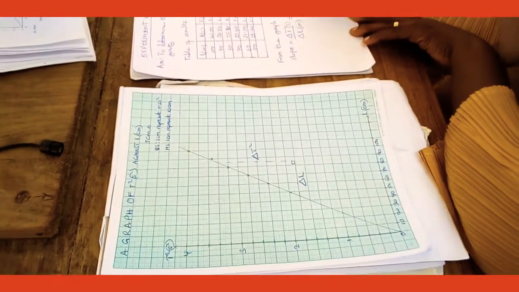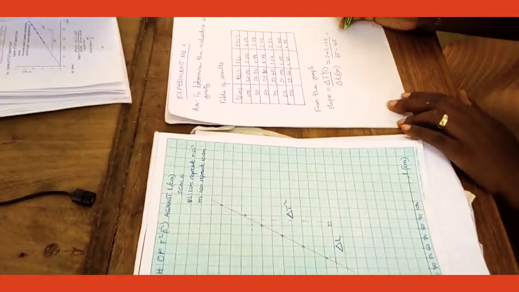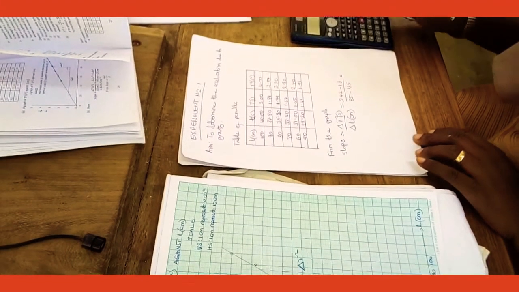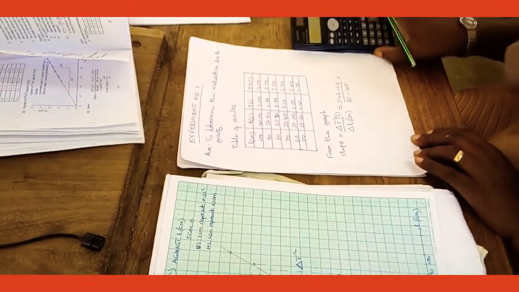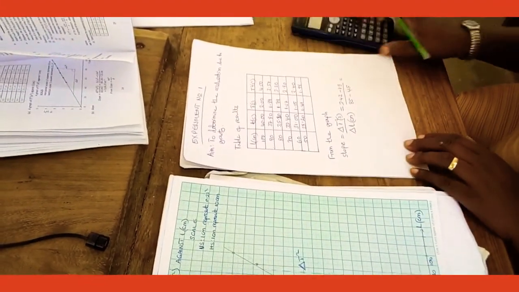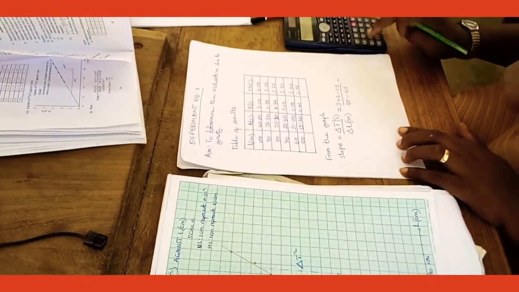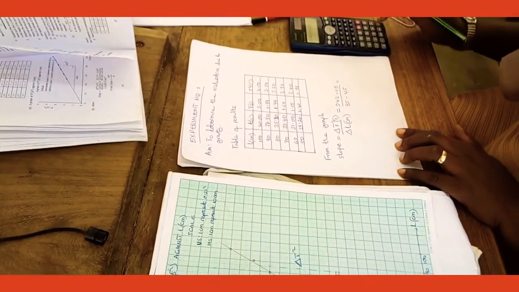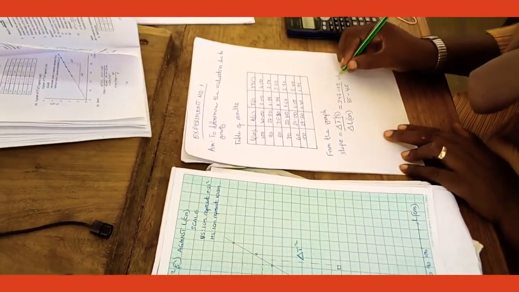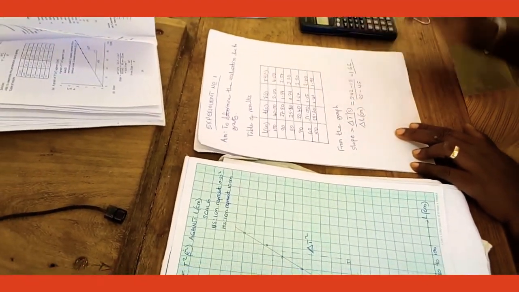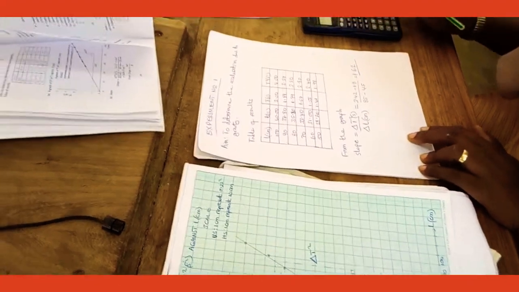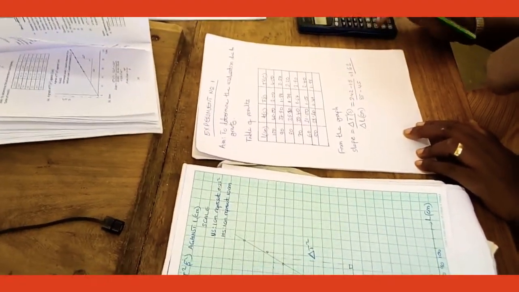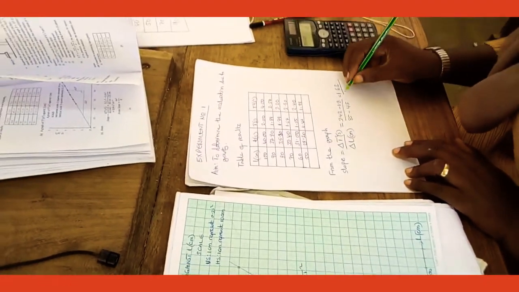So 3.42 minus 1.8, here it is 1.62, dividing by 85 minus 45, this is 40.